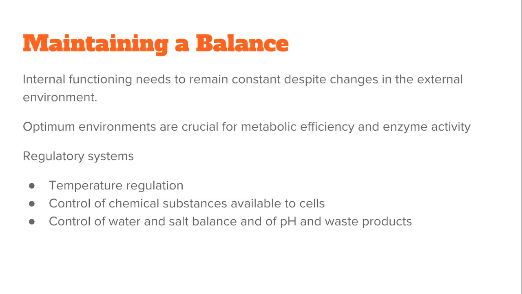It's crucial for our metabolism and also to ensure that all enzymes are able to function correctly. If we look at a few of the regulatory systems within our body that help to achieve this constant internal environment, we're looking at temperature regulation, how we can control the chemical substances that are available to our cells, and how we can control water and salt balance, also referred to as osmotic balance, and pH and waste products.